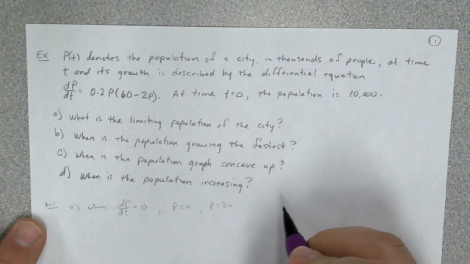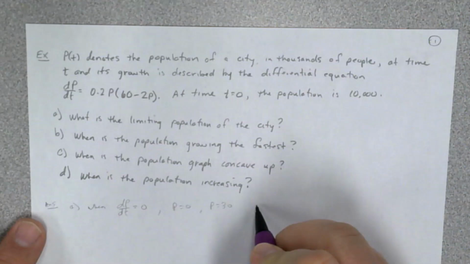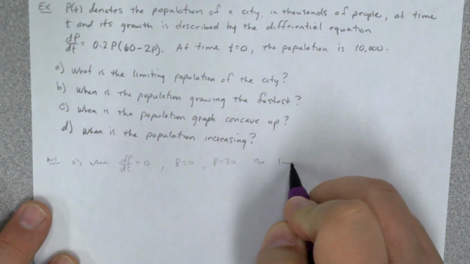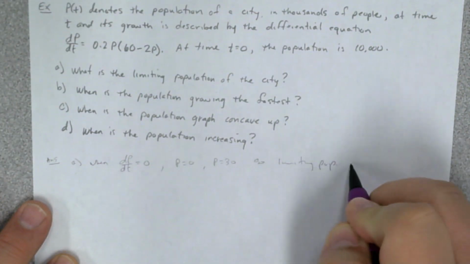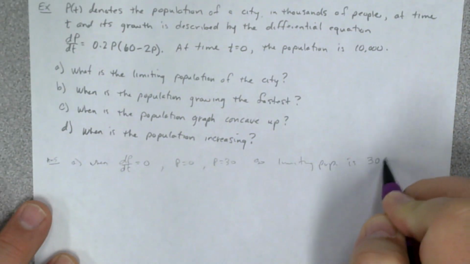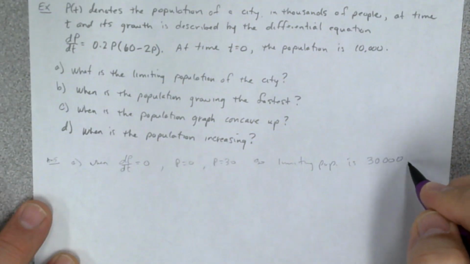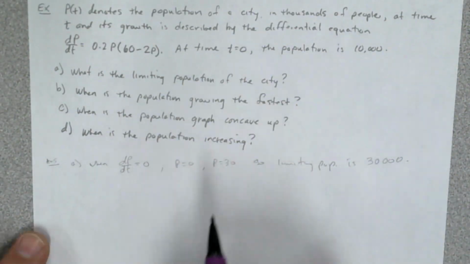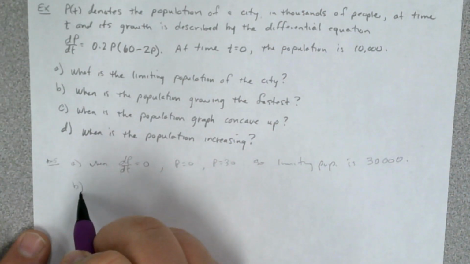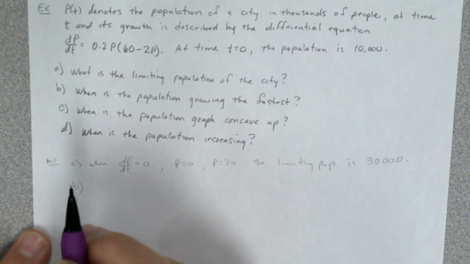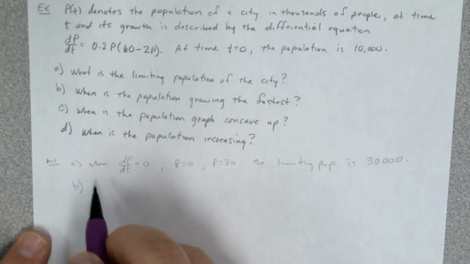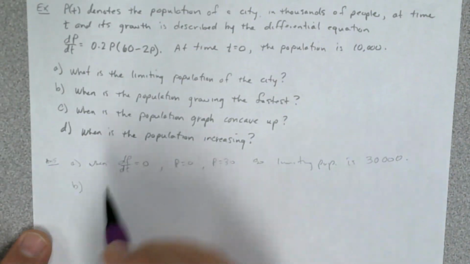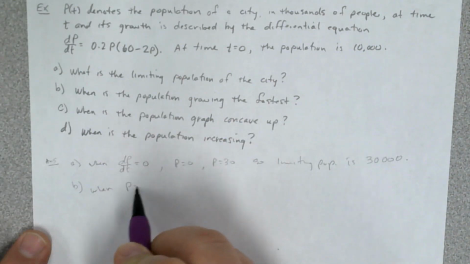So for our answer, they want to know when is dP/dt equal to 0. Well, we already know the two places that's going to occur: when P equals 0 and P equals 30. So what is the limiting population? It is 30 thousand, because people are in thousands. All right, part B. When is the population growing the fastest? That is that midpoint value. It is growing the fastest when P is a over 2.